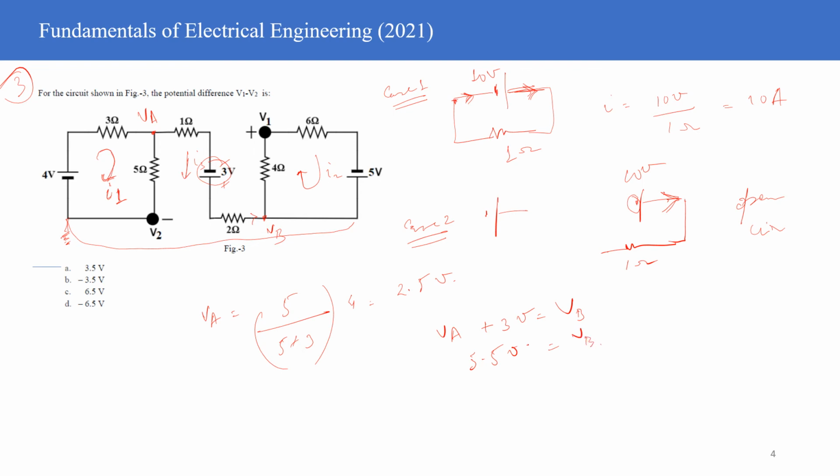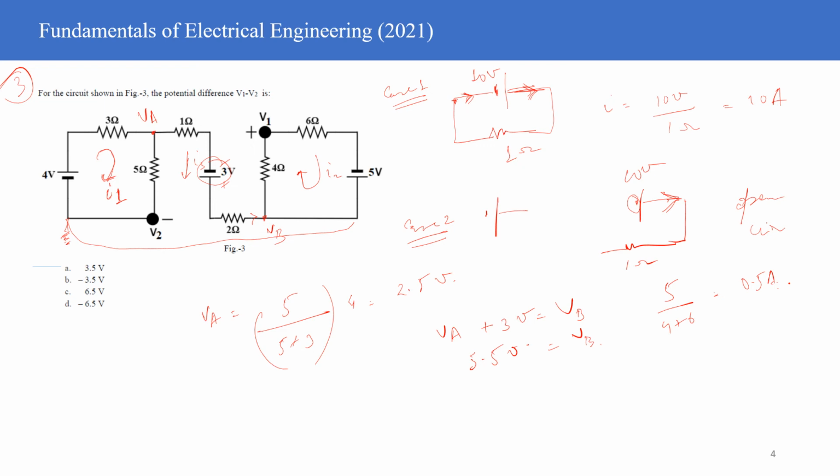But then I also know that there is going to be some current flow in this particular branch, and it's going to be isolated from the current flowing here. So what's the current flow here? It's nothing but 5 volt divided by 4 plus 6 ohms, so it is nothing but 0.5 amperes, right?